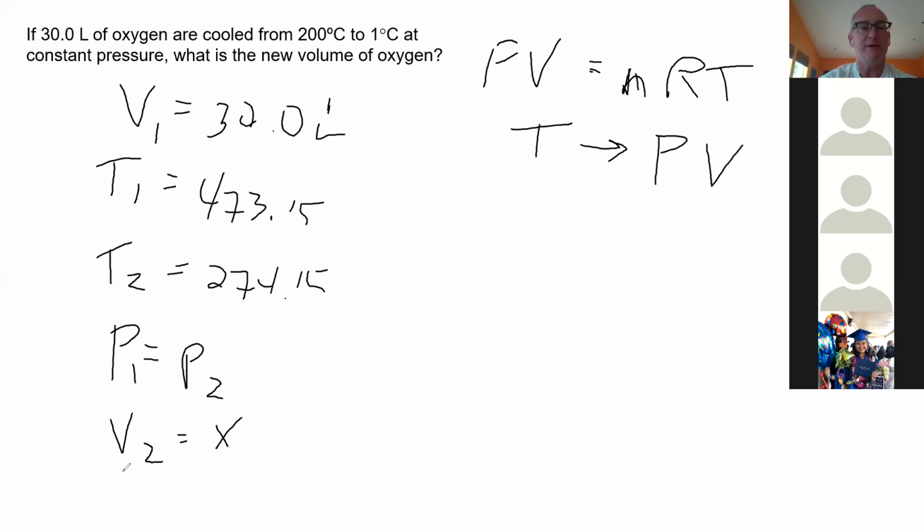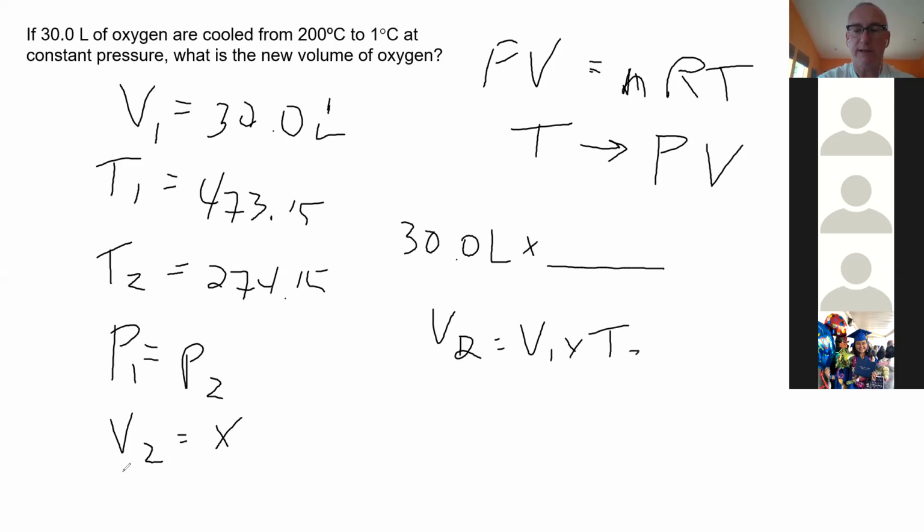So basically what we can do here is take the first volume, which is 30 liters, and since it's a direct relationship, the pressure doesn't change. So V2 will equal V1 times T2 over T1.